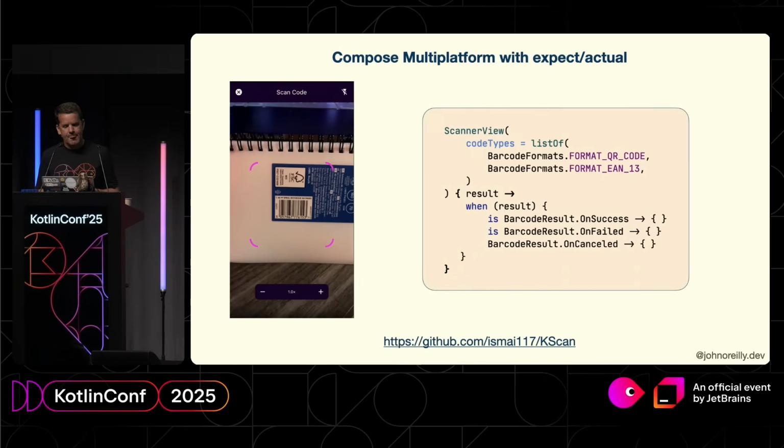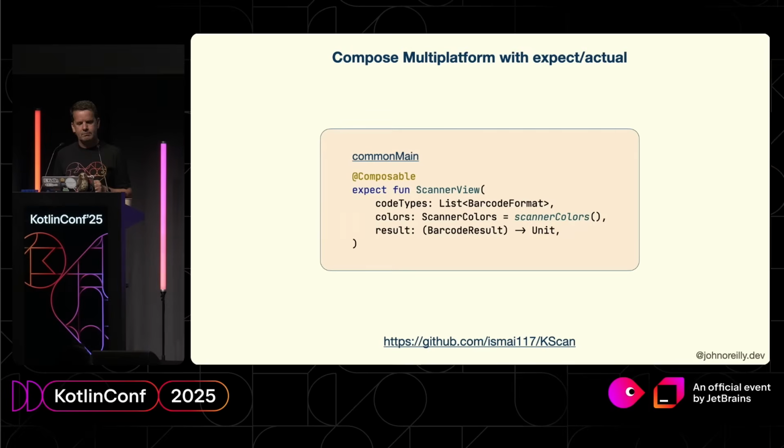Firstly, use of expect actual. So often this interop is done already for you using this approach in the increasing number of CMP libraries out there. For example, this is code that's using the KScan barcode scanning library from Ismail Mohammed, a colleague of mine at Kraken. Under the hood, that library uses MLKit on Android and AV Foundation on iOS.